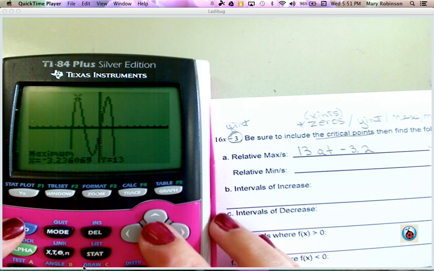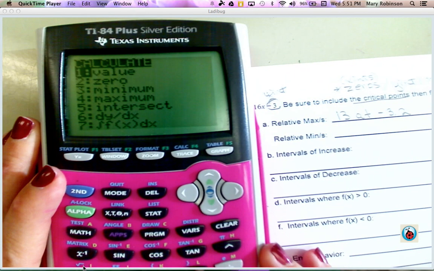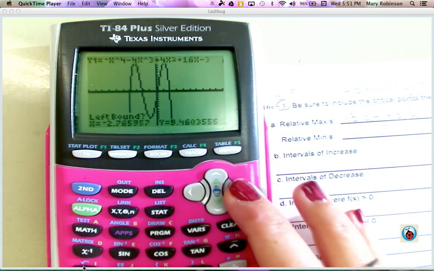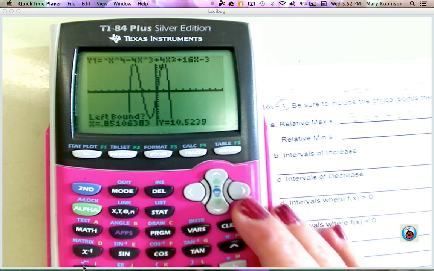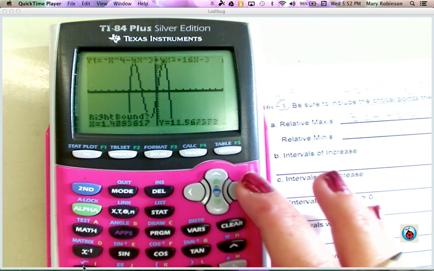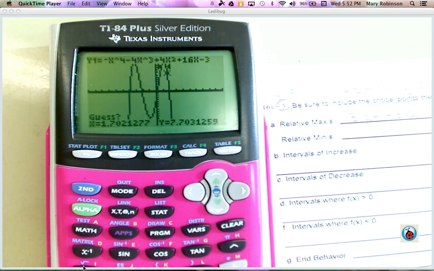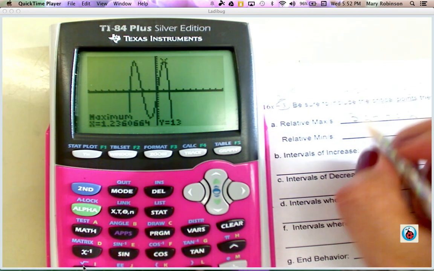Okay? Let's find our next one. Second trace, max again. I'm going to use my right arrow here to move my cursor over here. I mark it on the left side, move it over to the right, mark it by hitting enter, and then hit enter one more time. And again, it says maximum, so I know I finished the process.